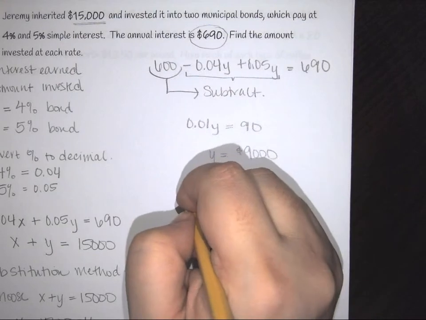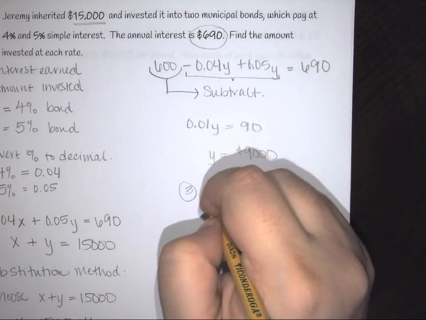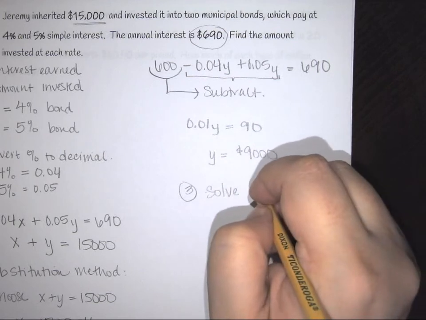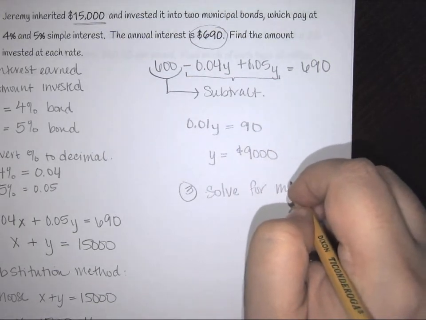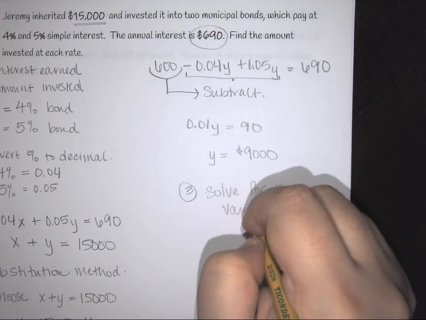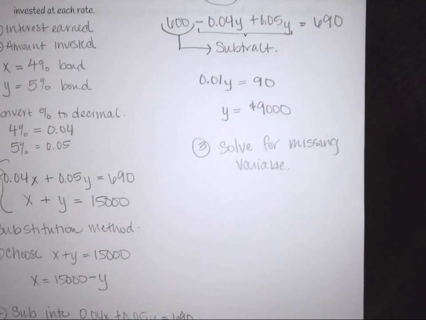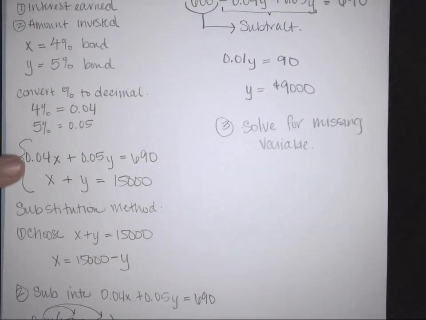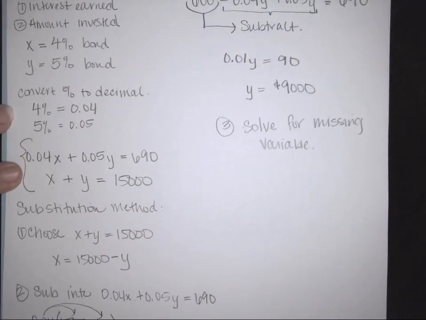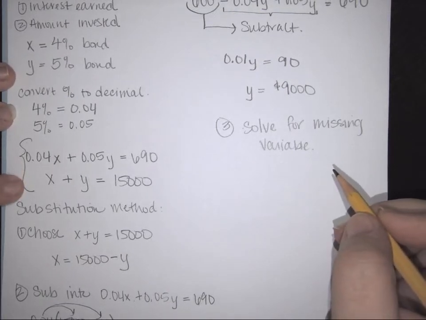Now the next thing that we need to do is solve for the missing variable. We do that by taking what we just found and plugging it in. So you come back over here to whatever your equations were and you choose one of them to work with.